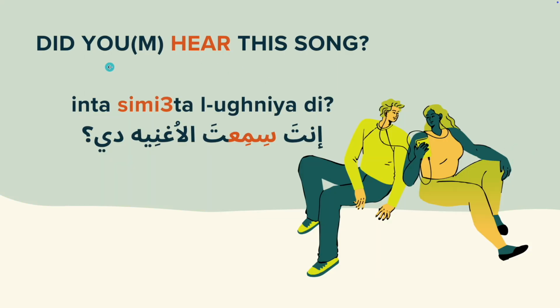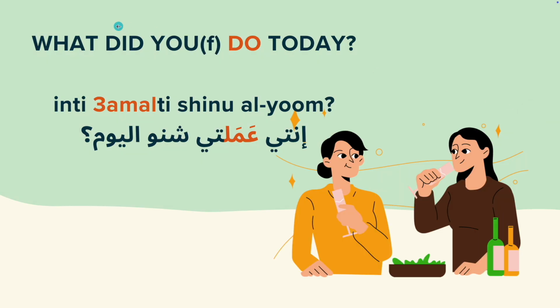And now to ask, did you, male, hear this song? Say, أنت سمعت الأغنية دي. أنت, you, male, سمعت, hear, الأغنية دي, this song. And now if you want to ask, what did you, female, do today?